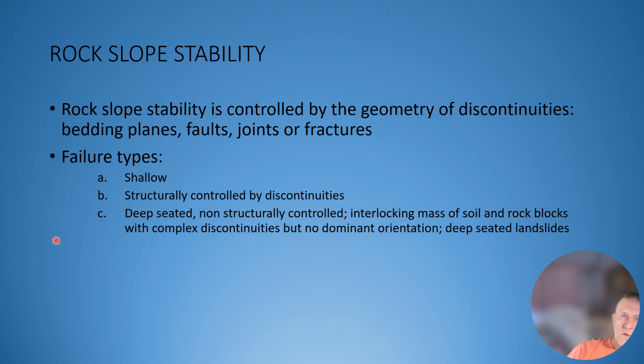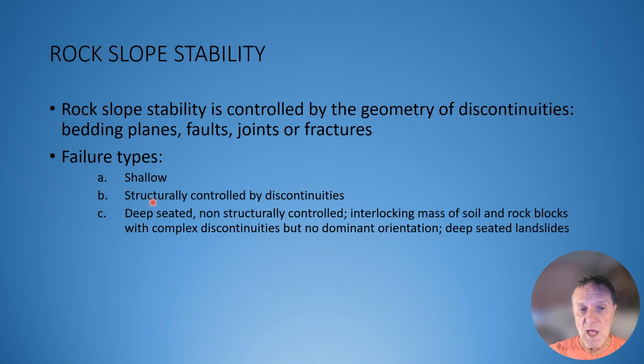So when you consider what makes a rock slope stable or unstable, it's not necessarily controlled entirely by the strength of the rock. It may be controlled by discontinuities, bedding planes, faults, joints, or fractures. When a rock slope fails, it often fails along a fracture, or along a joint, or along a fault, or along a bedding plane.